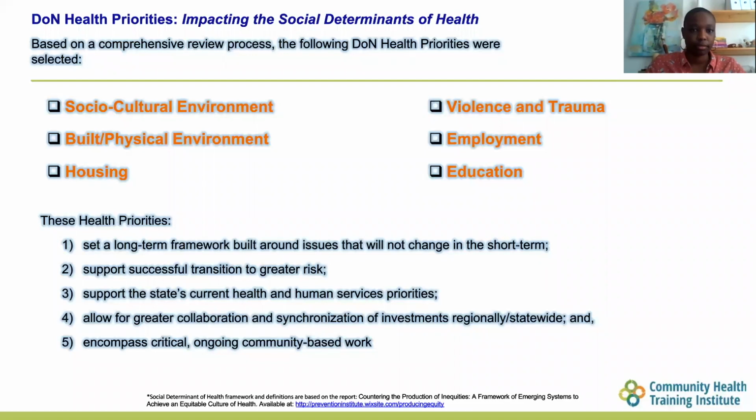Those are built and physical environment, sociocultural environment, housing, violence and trauma, employment, and education, to improve population health outcomes and issues, including but not limited to chronic disease, housing stability and homelessness, mental health and wellness, and substance use disorders. In this way, we are ensuring that hospitals invest resources in primary prevention activities that work to change community-level conditions.